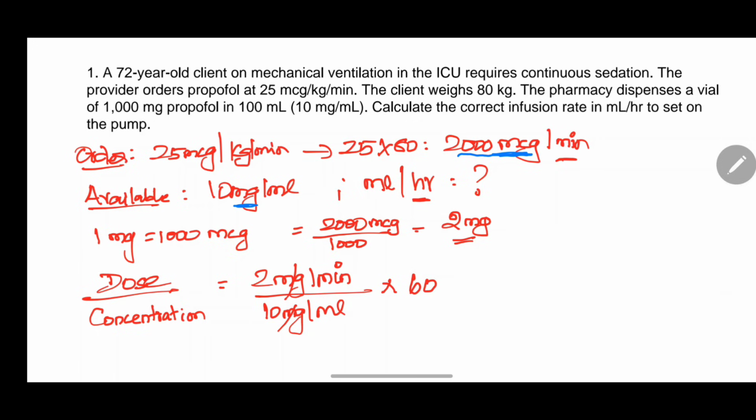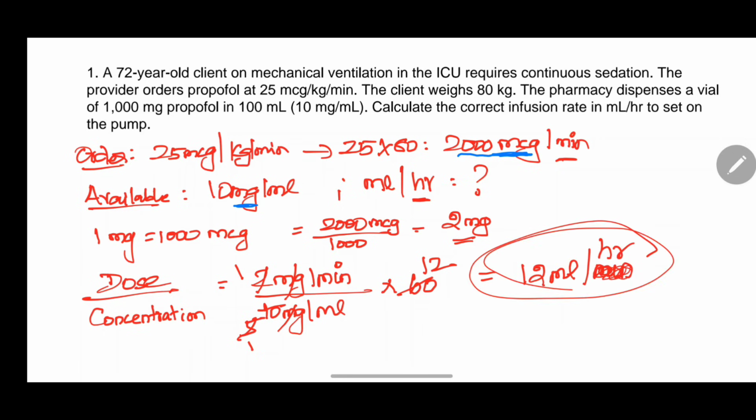If you multiply it by 60, it will be converted into hour, because 1 hour equals 60 minutes, right? So now the answer is 12 ml per hour. We have converted it into hour. So the answer is 12 ml per hour of propofol we should set.